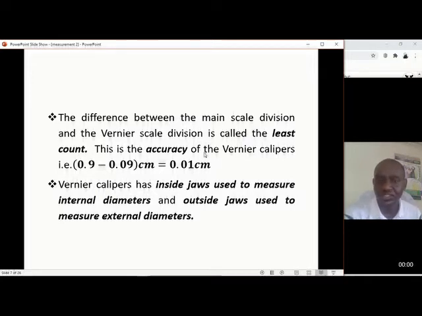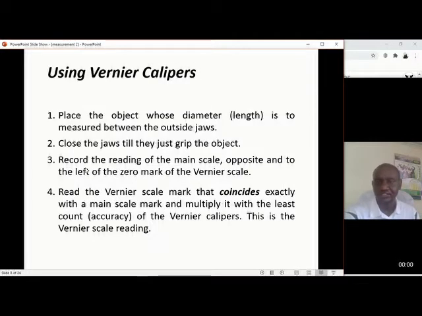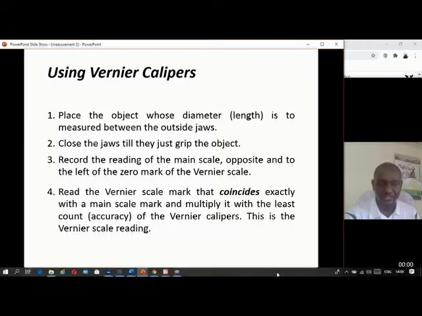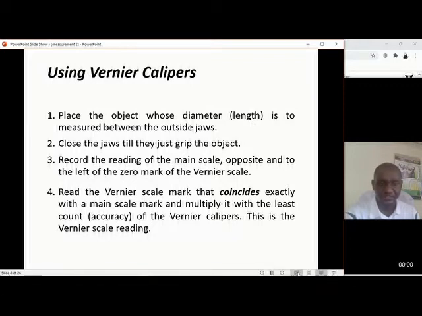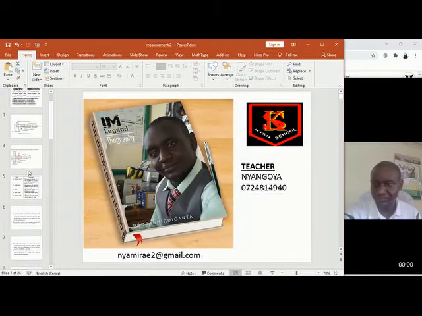This is the accuracy of the vernier caliper. Which is actually not 0.9. This is 0.1 vernier scale. You rectify this. This is not 0.9. I want to do it immediately. You rectify so that we are able to do the correct thing.